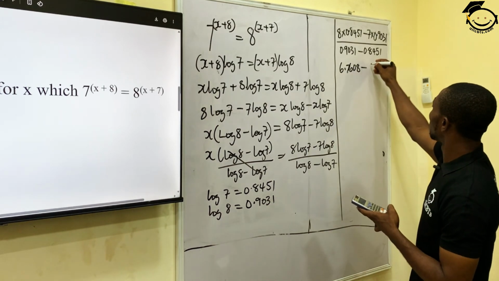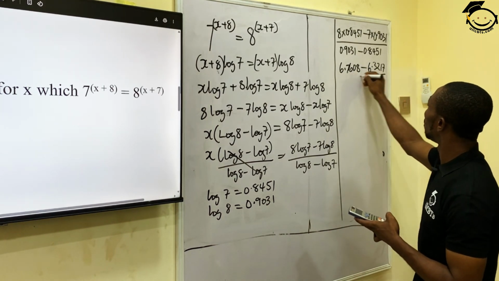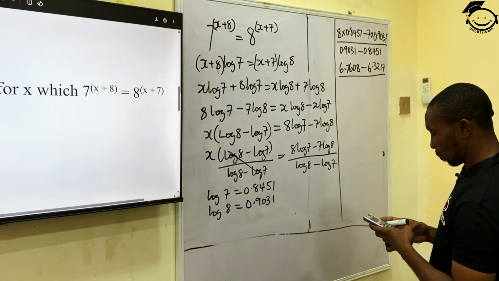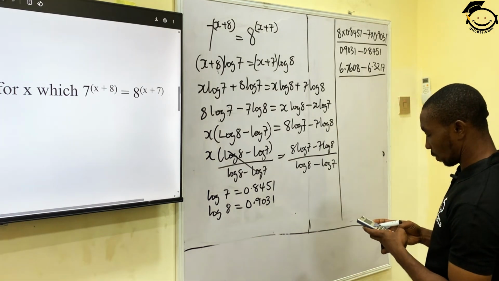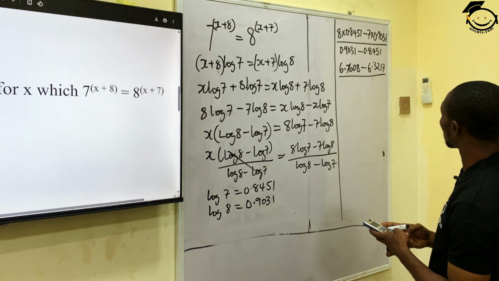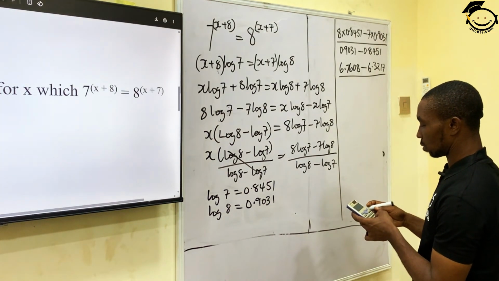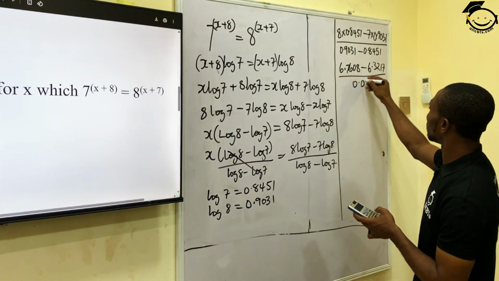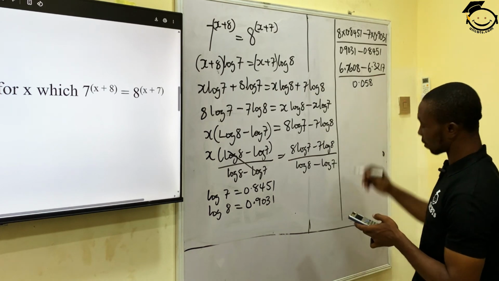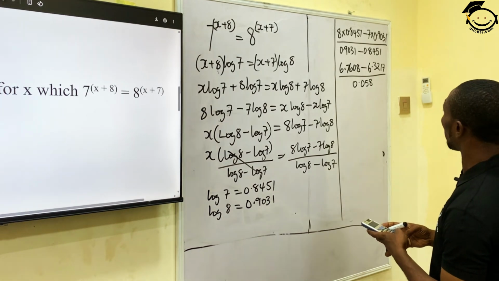That will give us 6.3217, all over 0.9031 minus 0.8451, which gives us 0.058.